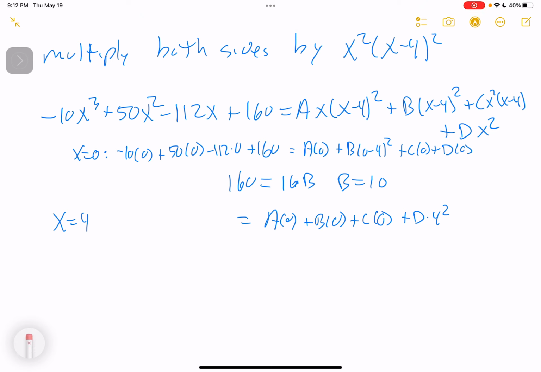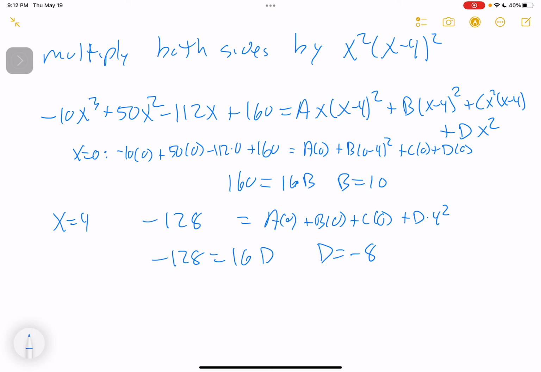Those of you playing along at home are probably screaming at me, no, it's not that bad. So negative 128 equals 16 times d. So d equals negative 8. Okay, we got 2 of them. That's pretty cool.